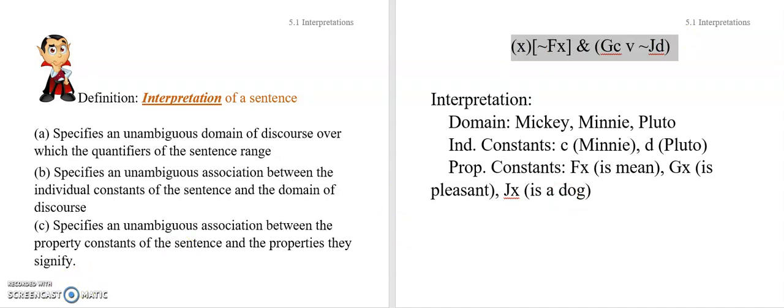In the meantime, common domains you can use are the students in your logic class, the Harry Potter characters, anything that you have a lot of familiarity with. I recommend using the positive integers, or maybe the first 10 or the first 3 positive integers, something like that.